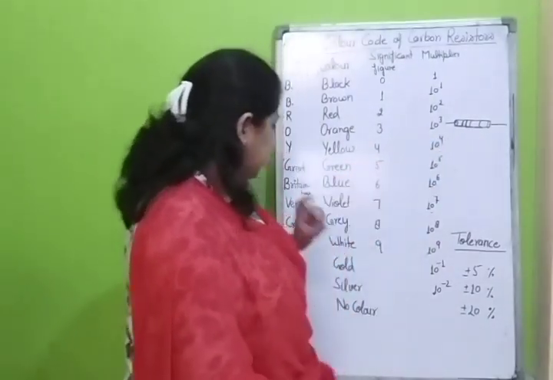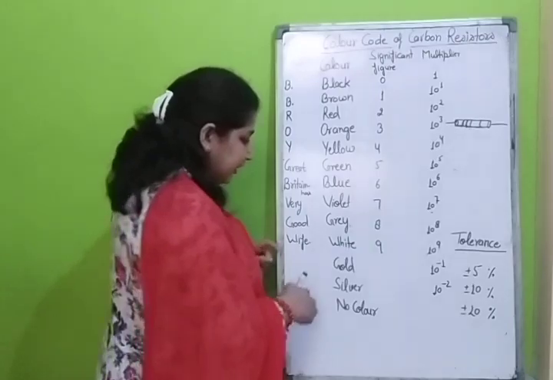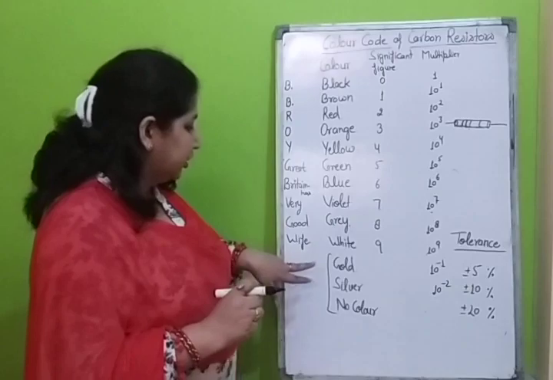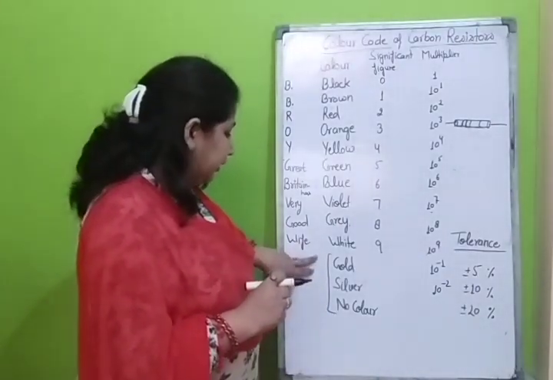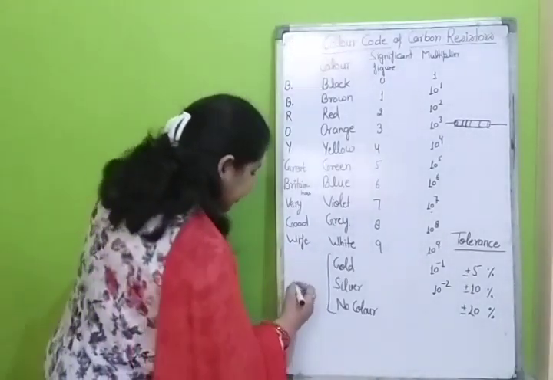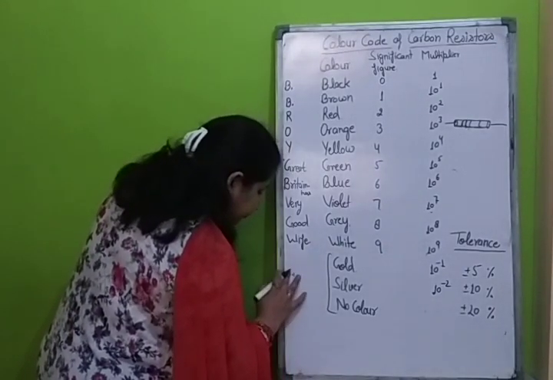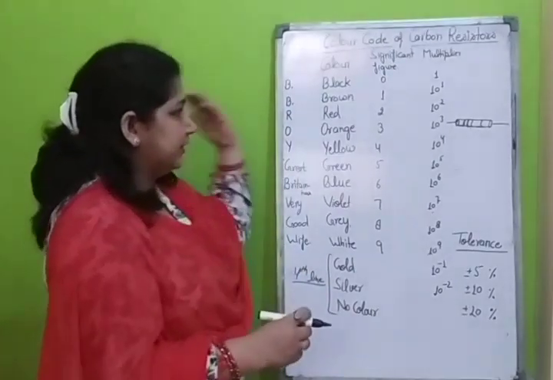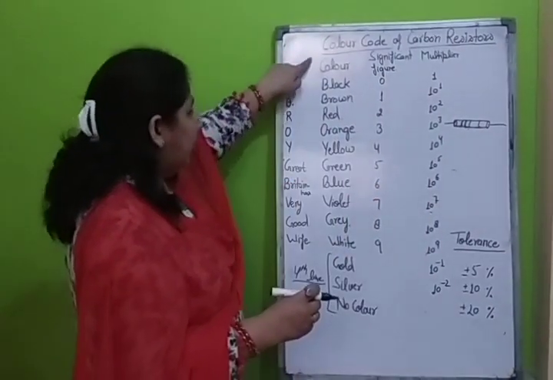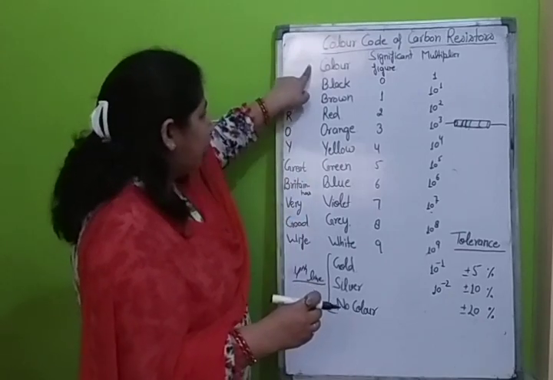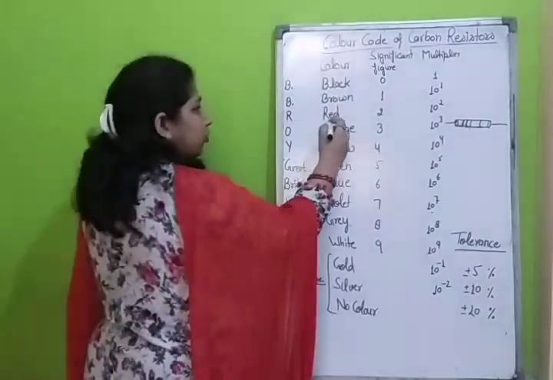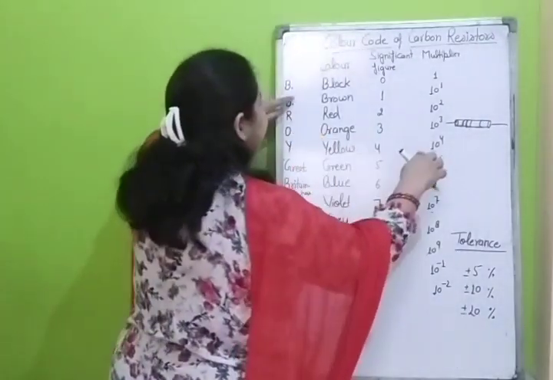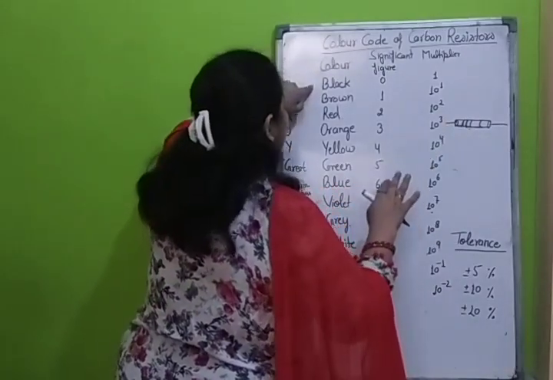The fourth line only indicates the tolerance, so for tolerance these two colors or no color line, these three conditions are possible for the fourth line. And the starting three lines may be of these colors: black, brown, red, orange, yellow, green, blue, violet, grey, white. Got it? Now, how can we find which color gives what number?